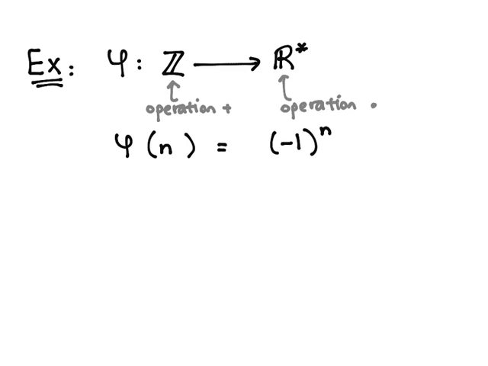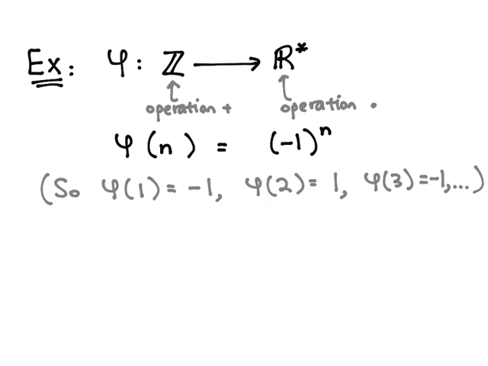Let's think about the group Z of integers where the operation is addition, and the group R star of non-zero real numbers where the operation is multiplication. Then I can define a homomorphism phi from Z to R star by the formula phi of n is equal to -1 to the nth power.